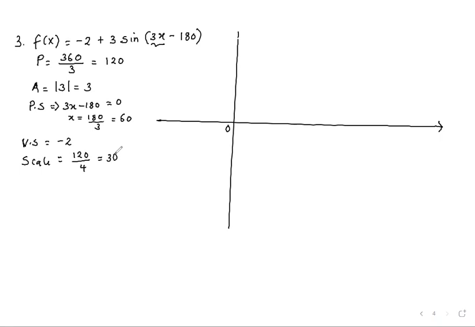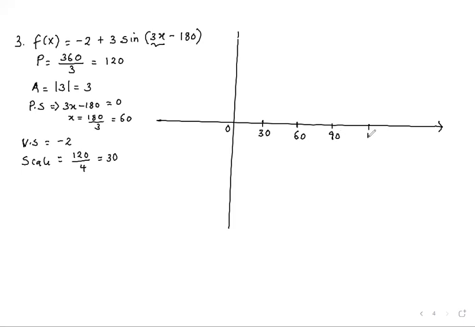So we have 0, then 30, then 30 plus 30 plus 30, we get 60. 60 plus 30, we get 90.